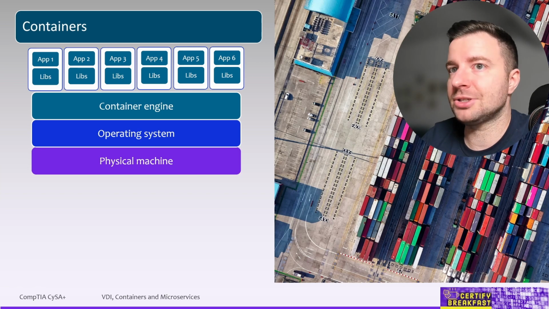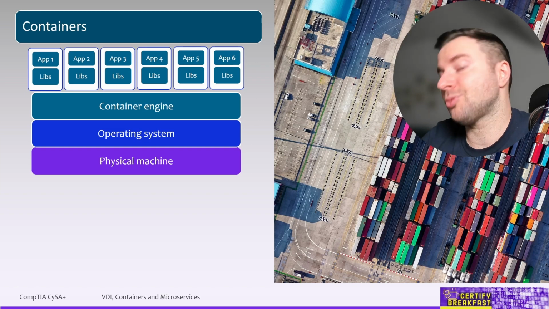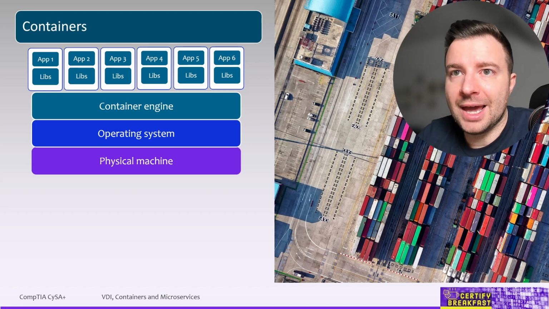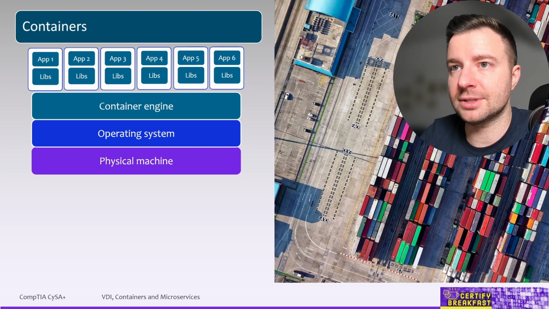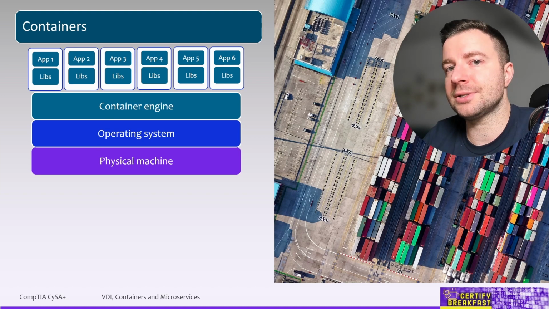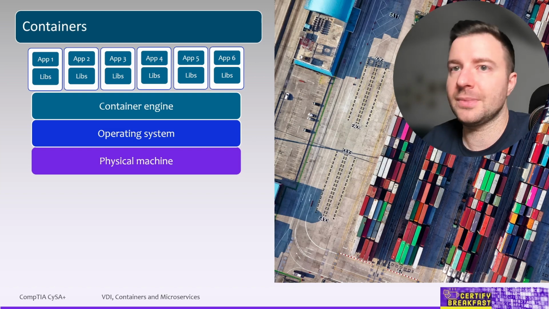So we have a type of isolation between containers very similar, or we try to make it very similar, to what we had with virtual machines, except that we don't need to boot up a separate operating system for each environment. All the containers on a host are all going to be using the same operating system, the same kernel that is installed on that host.